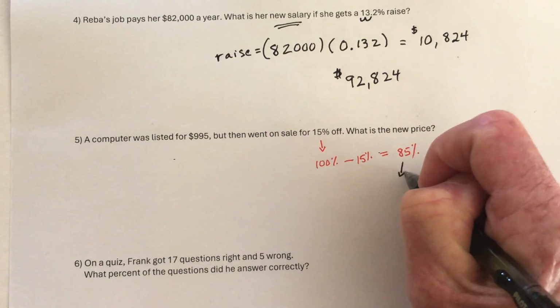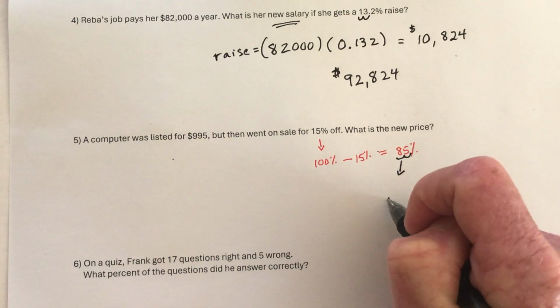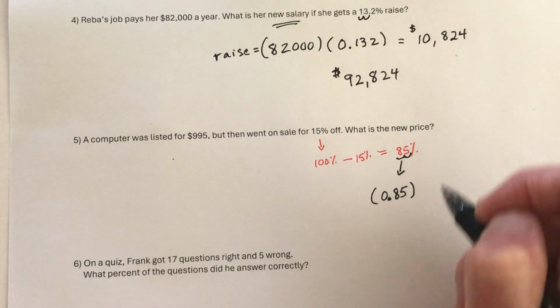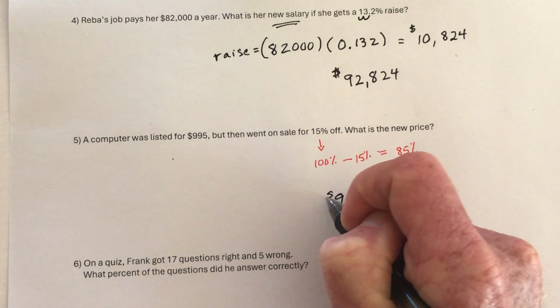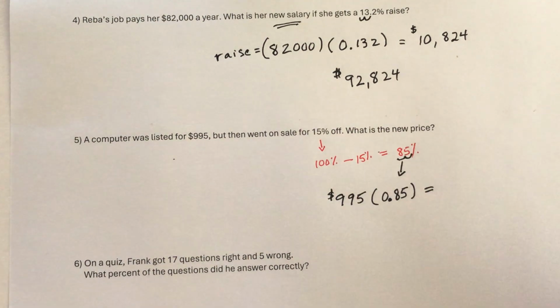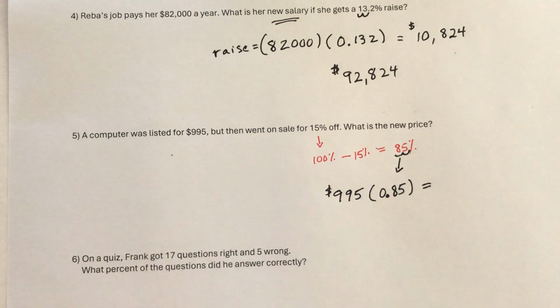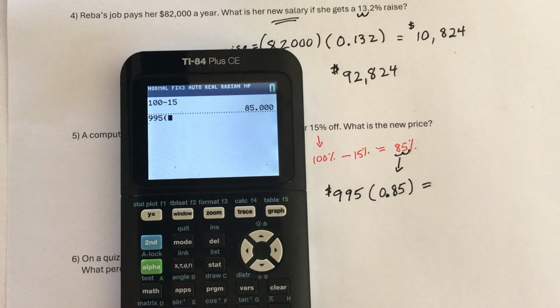So when I change this to a decimal, you can take the decimal and move it over by 2, and that's going to be 0.85. And then multiply that by the $995. So basically this is saying they're getting 15% off, they only have to pay 85% of the original price. So 995 times 0.85.